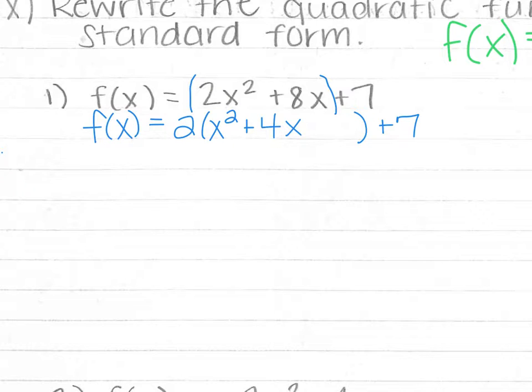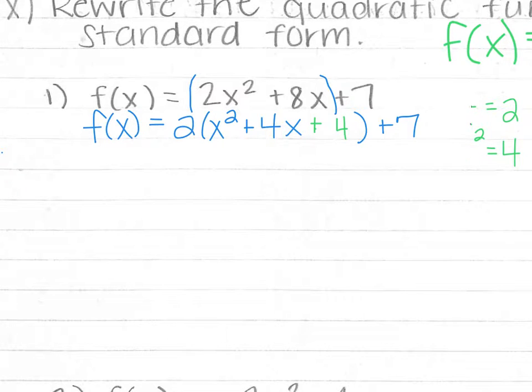Then we need to calculate what is going to complete this square. And if you recall, that's taking your b term, which here is 4, dividing it by 2, which gives us 2, and then squaring that term, which is giving us 4. So in here we need to add 4. But we're not really adding 4.